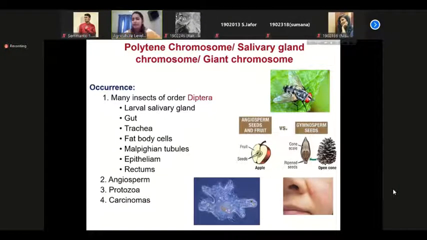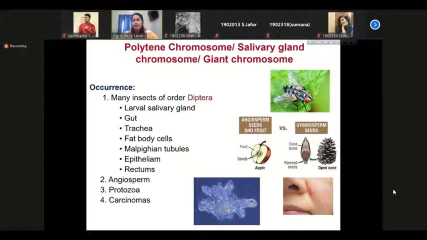Where can we find these special types of chromosome, or giant chromosome? I told you that it was first found in the salivary gland of the fruit fly. That's why it was first named salivary gland chromosome, but it is also found in many other organisms. For example, many insects of the order Diptera. What is Diptera? I think you already learned in entomology that Di means two and tera means wing.